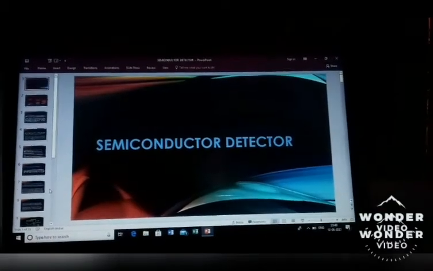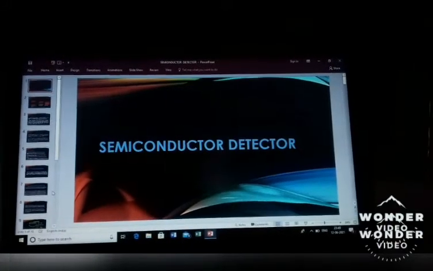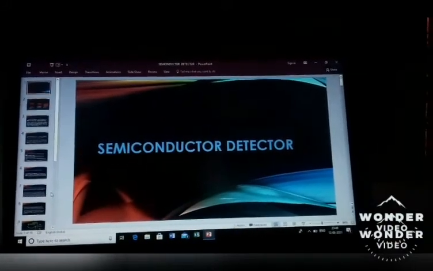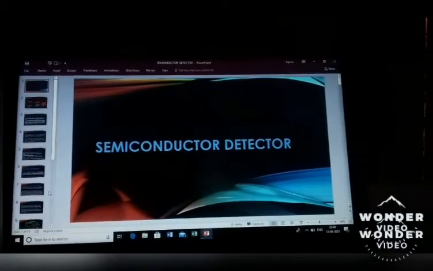Semiconductors are those materials whose electrical conductivity lies between that of a conductor and an insulator.